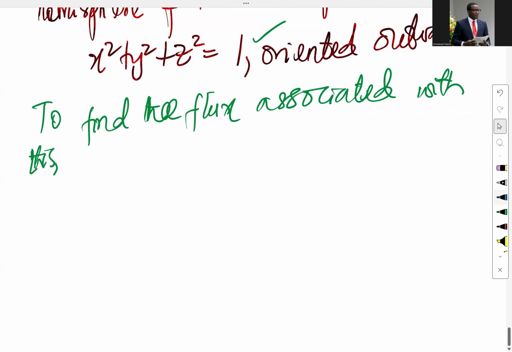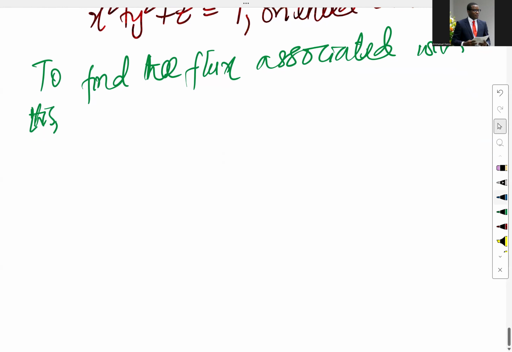The first step is the parameterization. So for the first step, we have to deal with the parameterization.